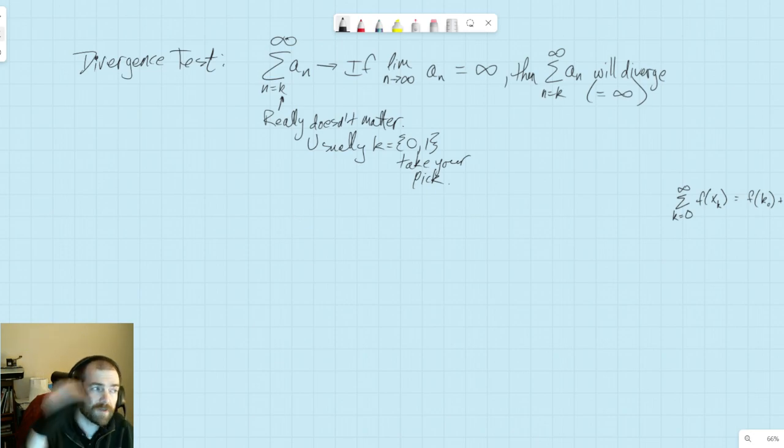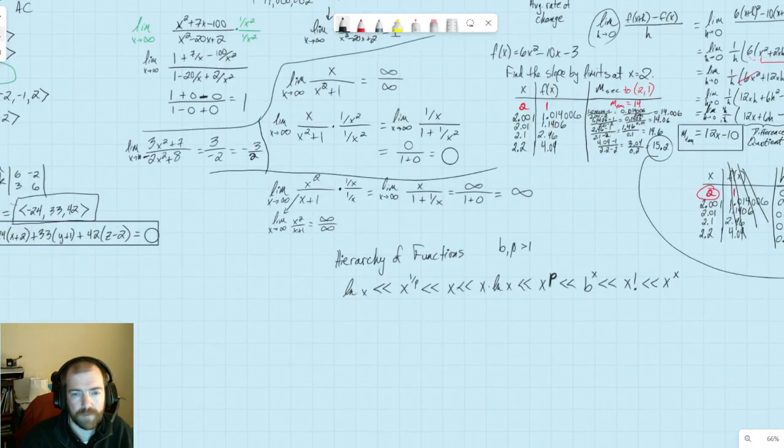So just having infinity over infinity doesn't tell us anything. What matters is, what do you have for the hierarchy of functions? What kinds of functions do we have in that ratio, in that fraction? If they're of the same type, then we've got to look a little more carefully.